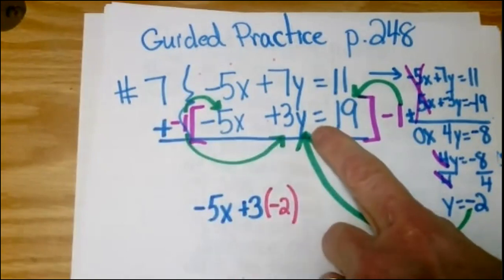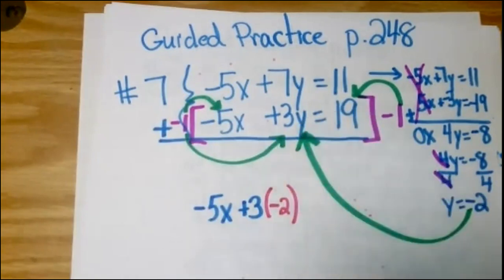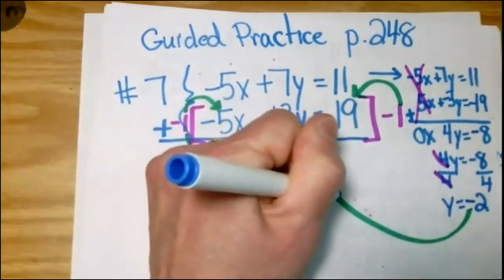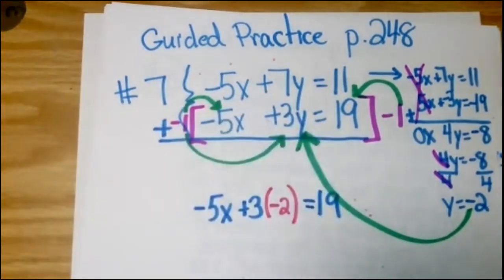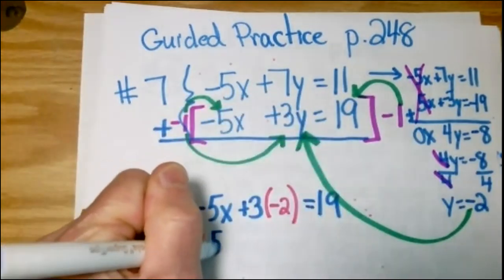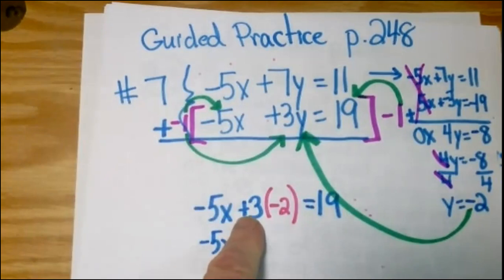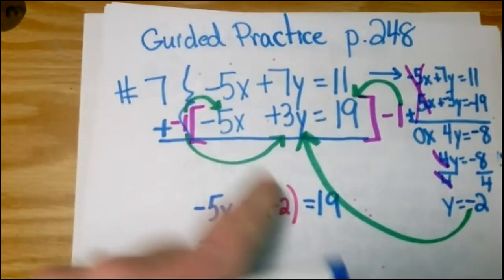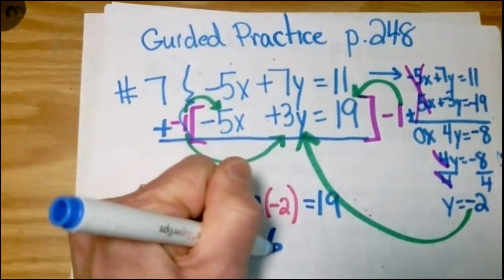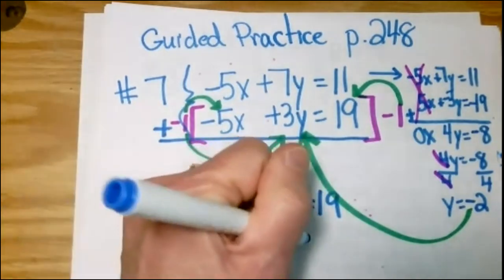That gets plugged in for this. Equals 19. And then I'm going to do -5x. Careful on this one. It's a positive 3 times the -2, plus -6 equals 19.